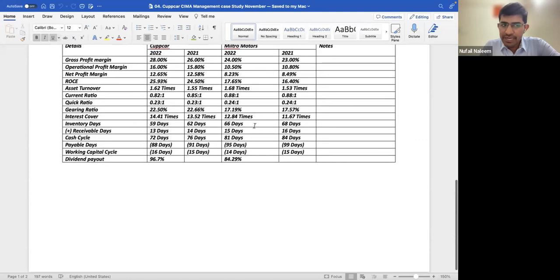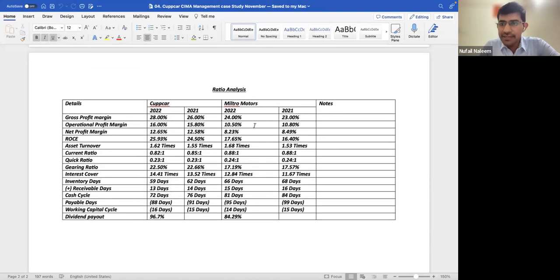Now we have to check how their margins are. The gross profit margin of Cuppcarr is 28% and 26%, and for Miltro, if I'm not mistaken, it's 24% and 23%. So Miltro is effectively giving a better discount compared with Cuppcarr.